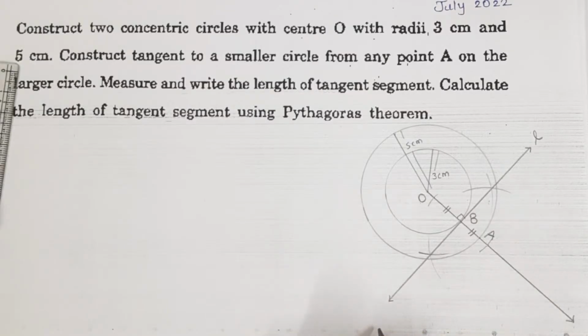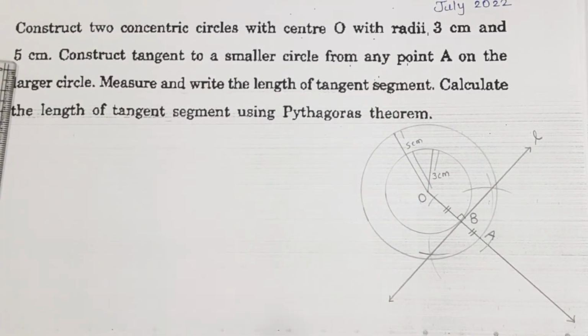So this is not the correct answer, because this is the rough diagram, students. First we make out the fair diagram, and then take the distance.